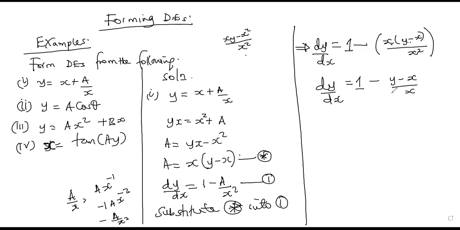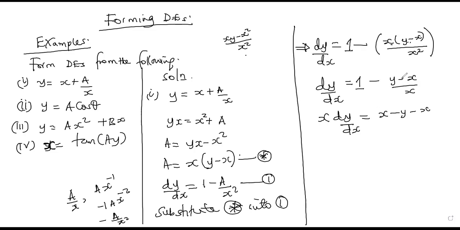So now we have dy dx is equal to this. So we can multiply by x throughout. So it will be x dy dx is equal to, here of course the LCM is x, and it's what I multiply here. So it's going to be x minus y minus x, minus negative x.